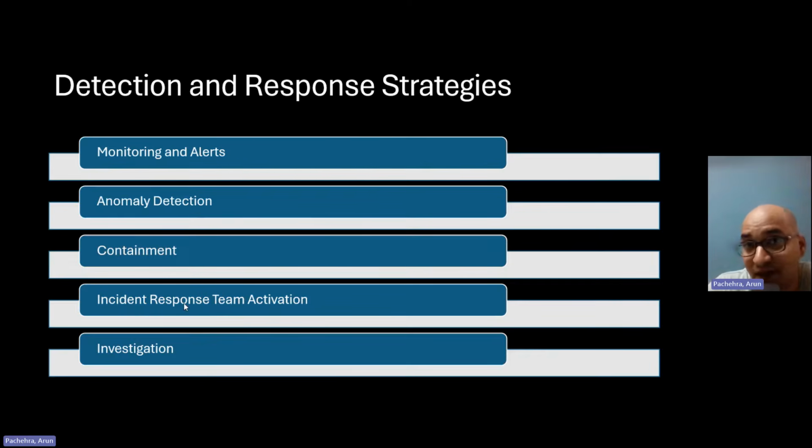Because it's not just about the technical folks. Ultimately, everybody is involved. Ultimately, it is a business, right? So we have to think big. Hence, there is a communication plan to inform everyone who is supposed to know what is happening, right? Then you have to investigate with forensic analysis.